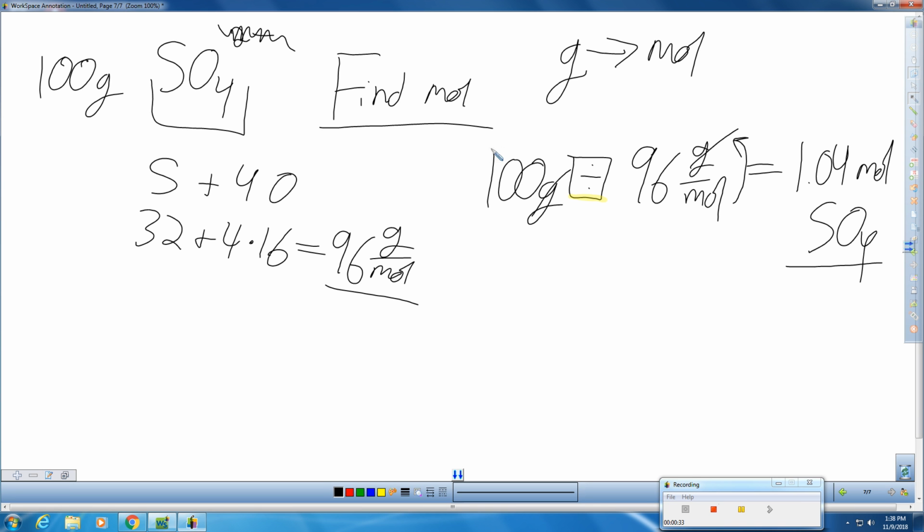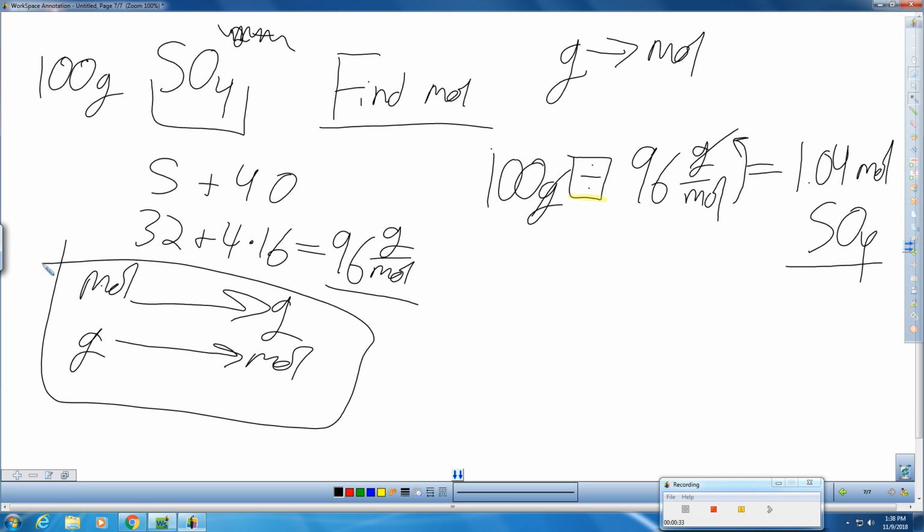Now, moles will allow you to calculate all of the numbers in a chemical equation. We're not going to do that now, but that's the next step. Once you've done a bunch of practice problems, so you can go forwards from moles to grams, and you can go from grams to moles, and this is super solid, then we can move on to switching outside of just the sulfate.